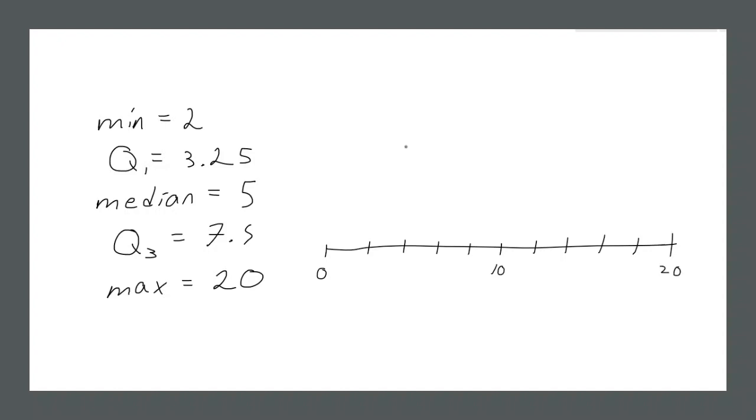We can draw a line at our minimum, a line at our maximum, a box from quartile 1 to quartile 3. So if this is 2 and this is 4, 3.25 is going to be somewhere around here. 7.5 is going to be about there.